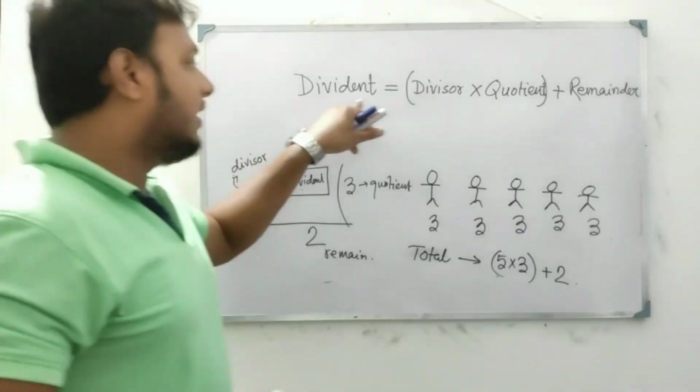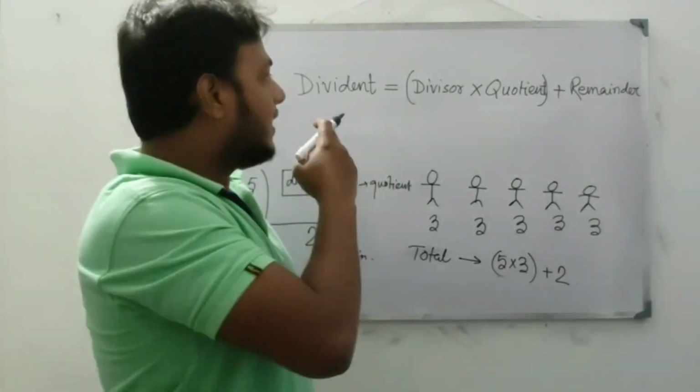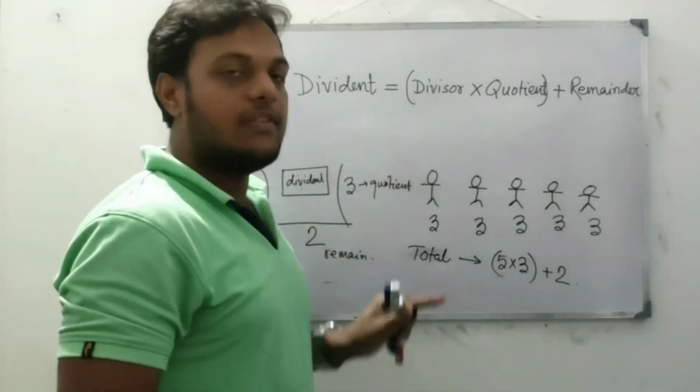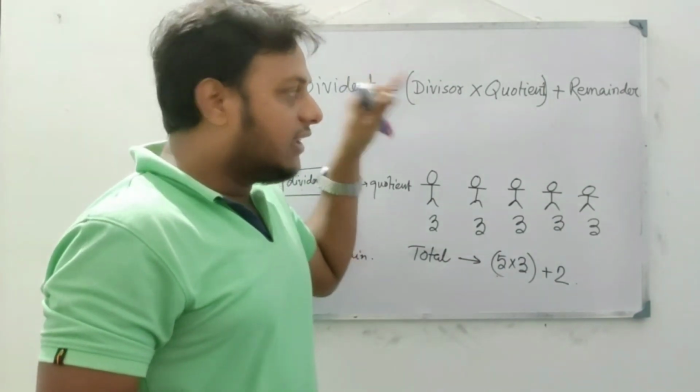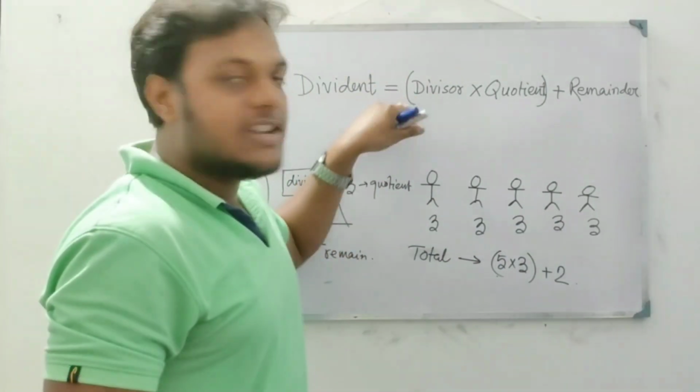Always you will get the dividend from this relation, and this is the relation among these 4: divisor, dividend, quotient and remainder. And this relation is actually an identity.